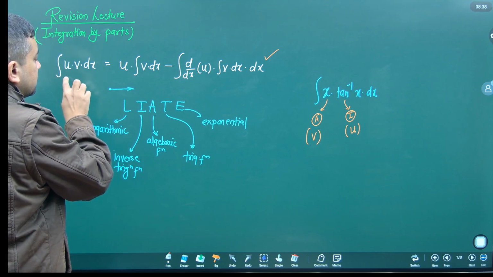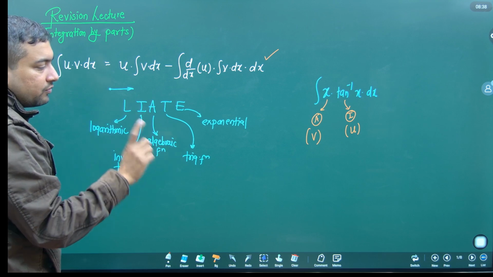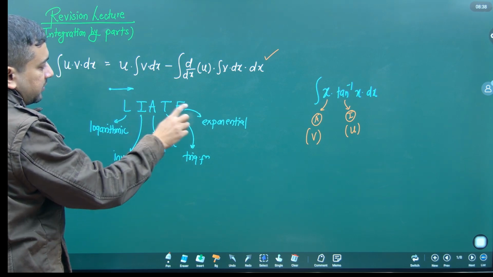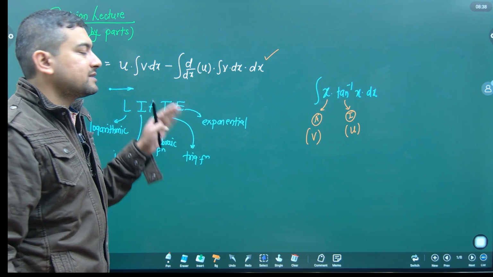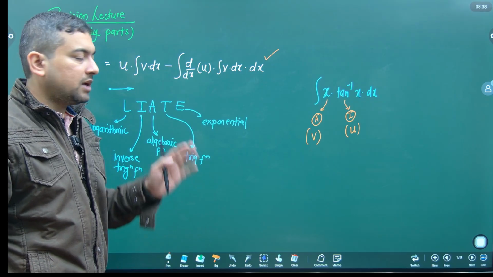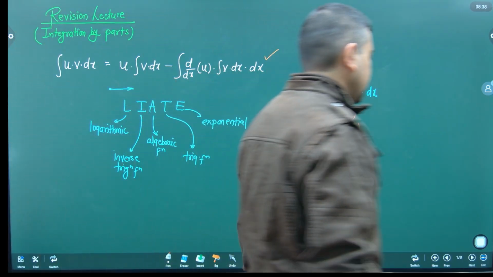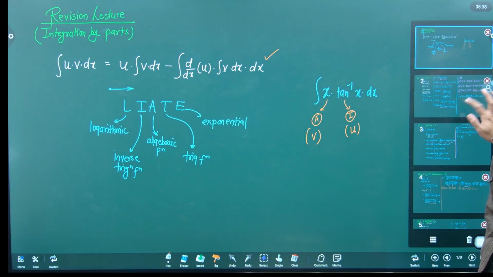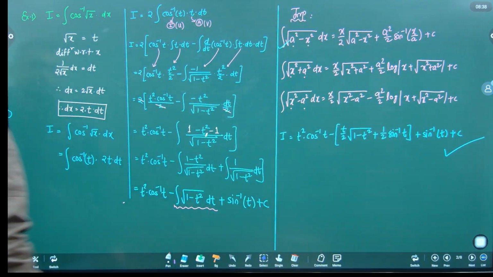Now which function is to be considered as u, and which as v? For that, you need to remember the rule LIAT. From the left hand side, whichever function comes first will be your u, and the next will be v, correct? Now some important examples from this topic. First we discussed cos inverse root x.